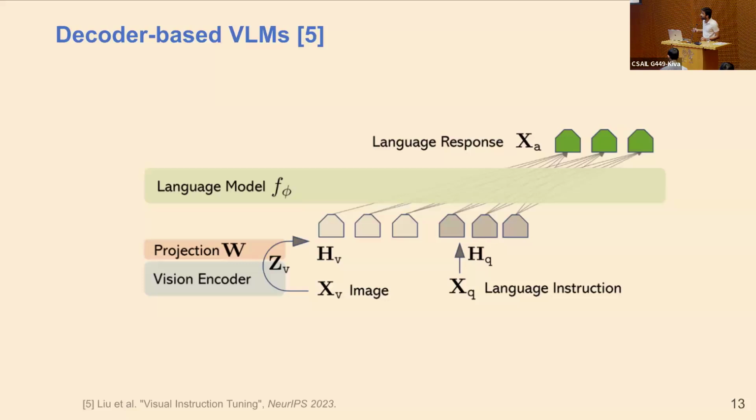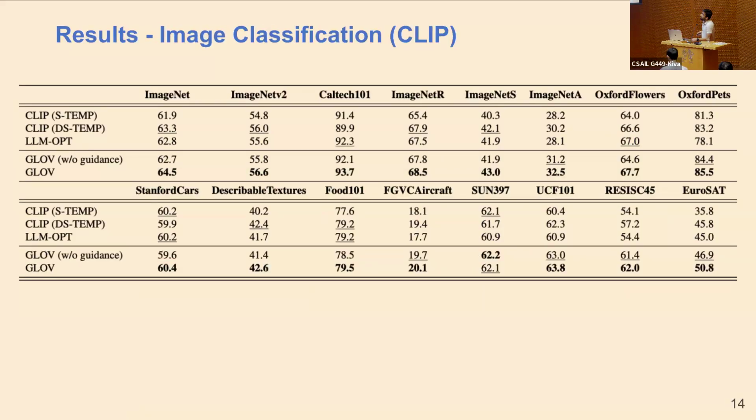They project the vision space to the language space, inputting the vision tokens after the projection to the language model, and this is how they enable these networks to do vision processing. This is a huge line of work which was popularized by the paper Visual Instruction Tuning, presented in NeurIPS 2023. Anyway, coming back to our work and some results.